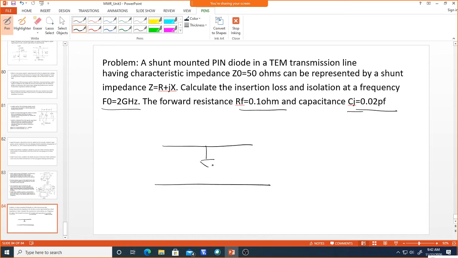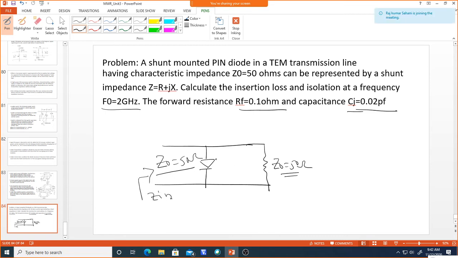So you will have a transmission line, with the pin diode mounted as a shunt on the TEM transmission line. The characteristic impedance of this we can take as 50 ohm. If the transmission line is terminated in Z0, that means if you terminate at this side also with Z0 equal to 50 ohm, we can see what happens to the input impedance.